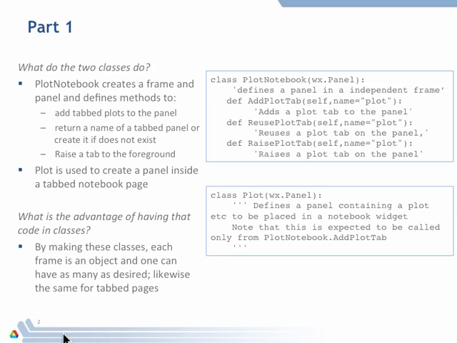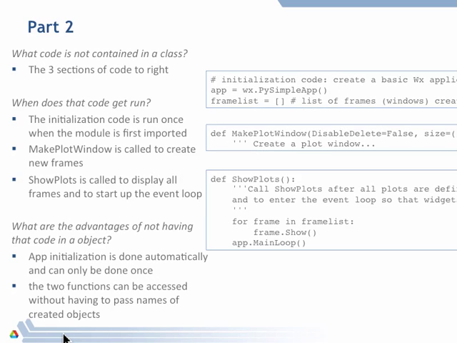The second part is what code is not in classes. Turns out there are only really three pieces of code, other than the test stuff at the end, that are not in classes. Other than that, all the code is right there.